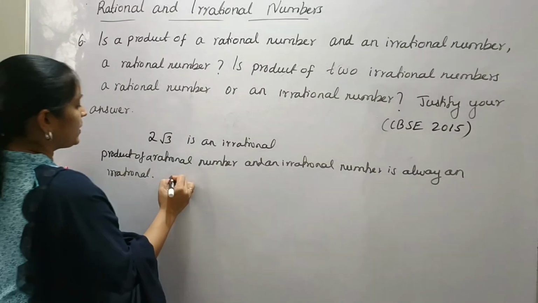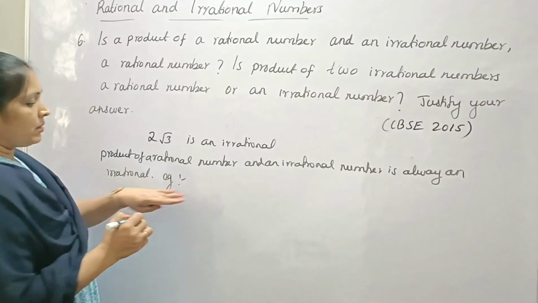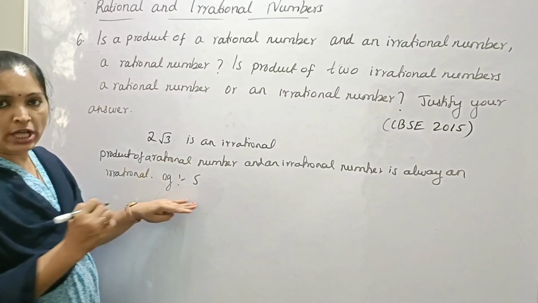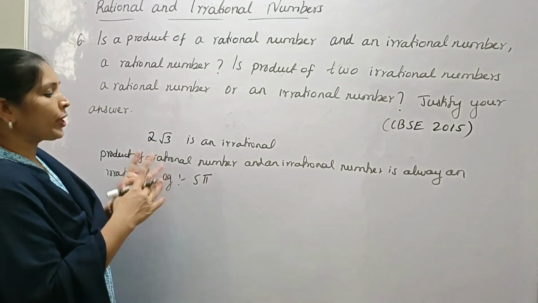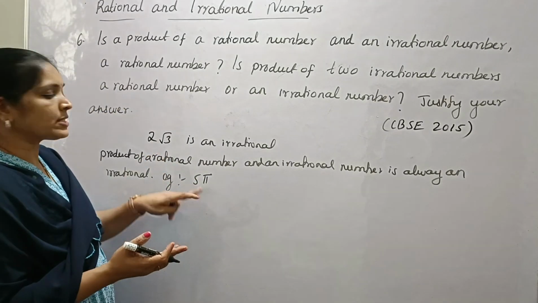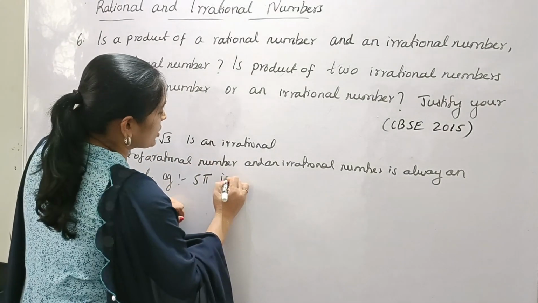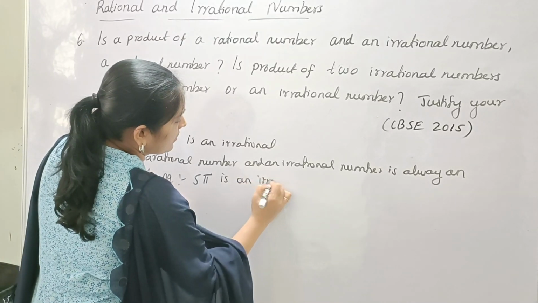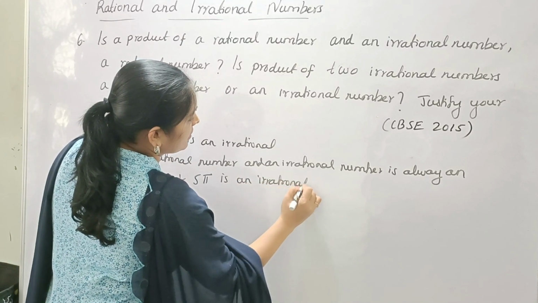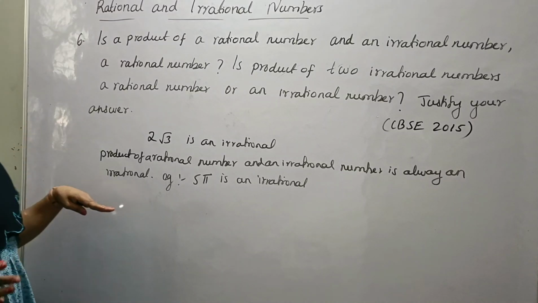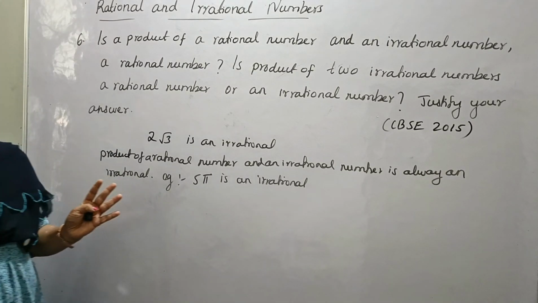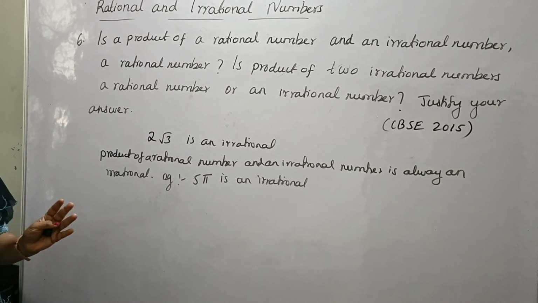Another example, 5 is a rational number and pi is an irrational, and the product of 5 and pi, 5 pi, is an irrational. Therefore remember, the product of a rational number and an irrational number is always an irrational number.